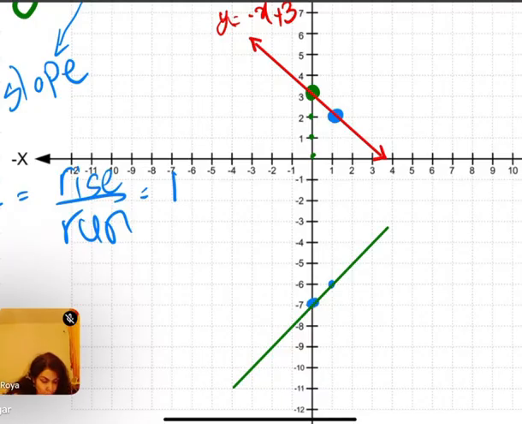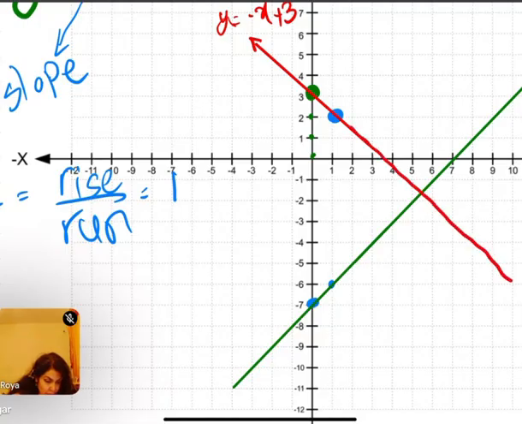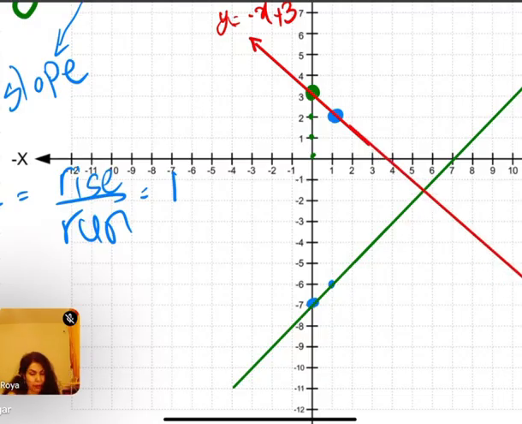As I told you, this line continues forever, so you can continue this line with your ruler, and the other line too. Now the point of intersection is here, and this is the answer.